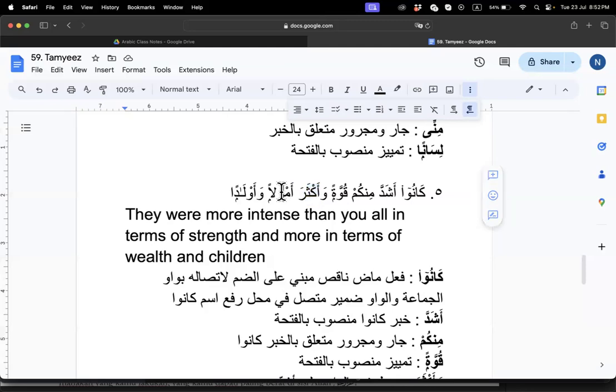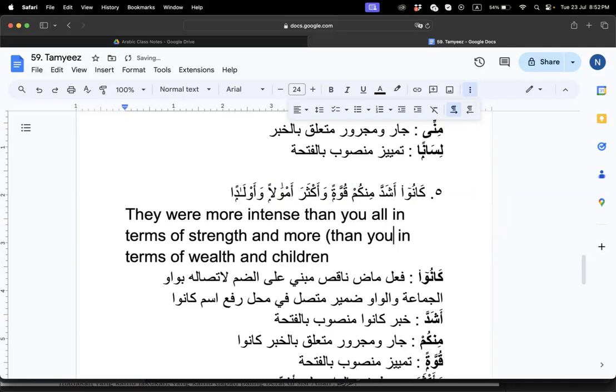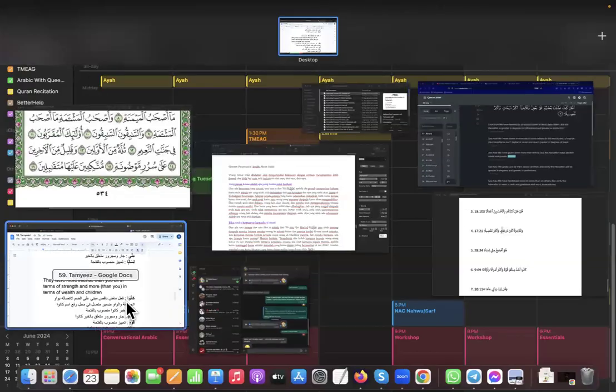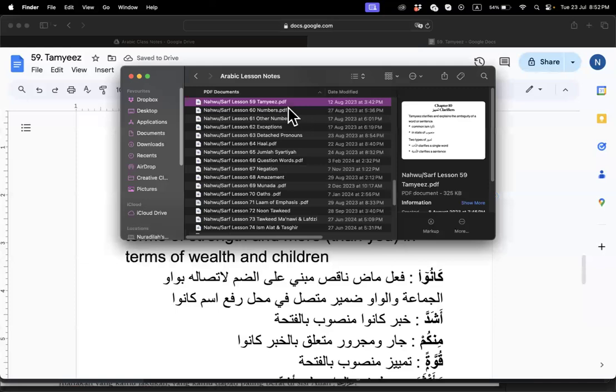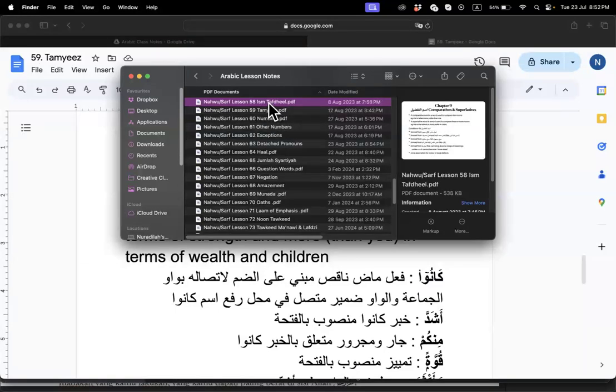This is not a mudaf, this is your tamyiz, right? It doesn't have a mudaf ilayh. But remember, we said before that sometimes the min doesn't have to be there because it's clear. We already said here minkum, right? More than whom? Basically, it's already there. Remember that day we did... let me show you.